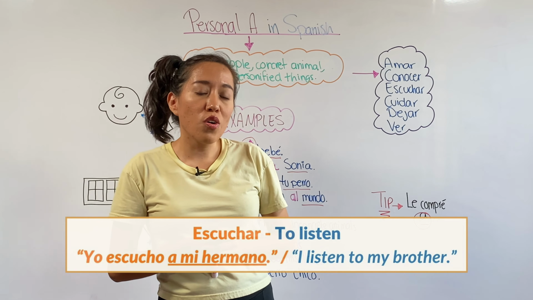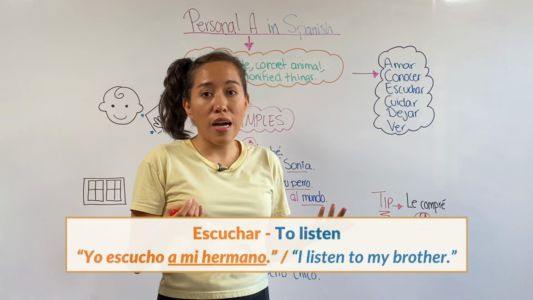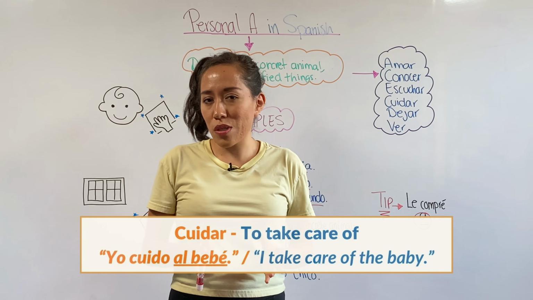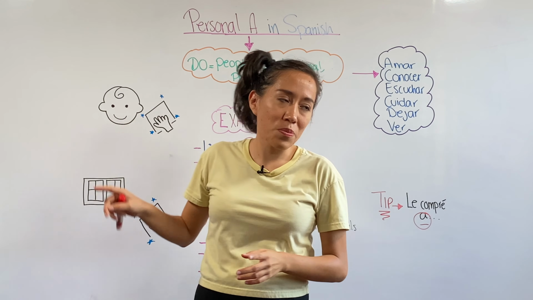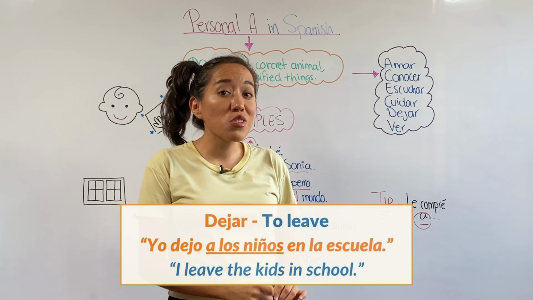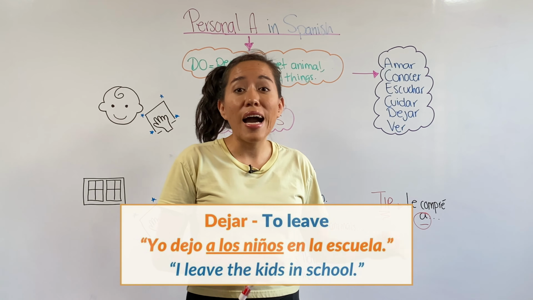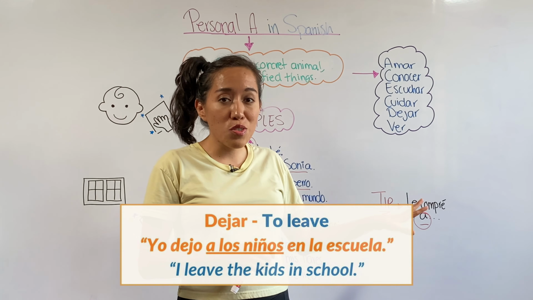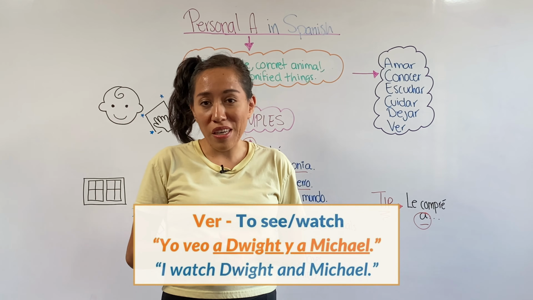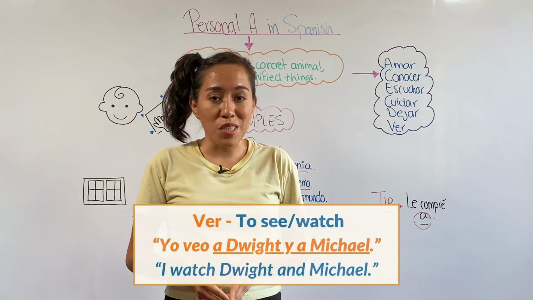Yo escucho a mi hermano. I listen to my brother. Cuidar, to take care of. Yo cuido al bebé. Dejar. Yo dejo a los niños en la escuela. I leave the kids in school. En ver, I use this example. Yo veo a Dwight y a Michael.